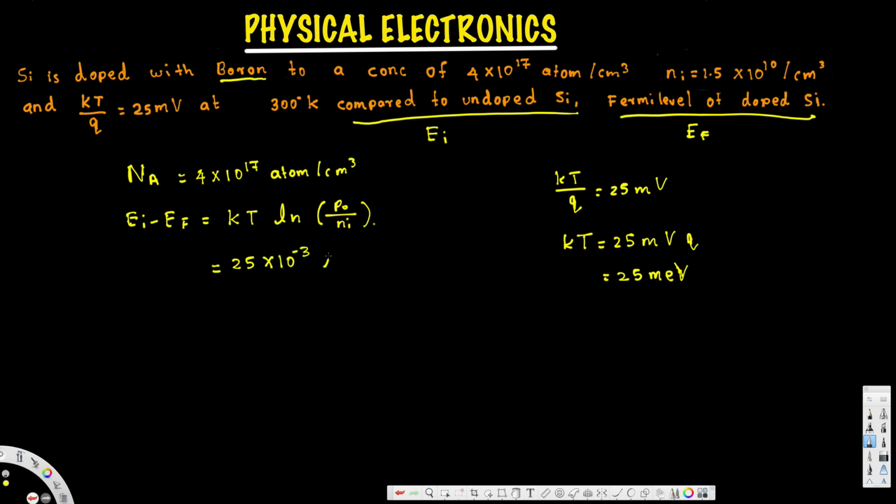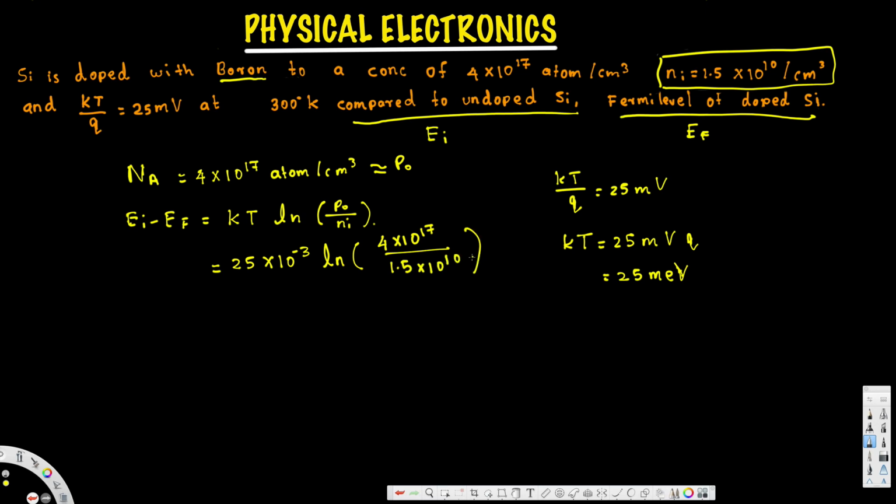and then electron volt, we are going to keep it as electron volts. And in ln, p naught is nothing but the acceptor concentration, so the number of acceptors added is going to be the hole concentration. So this is approximately equal to p naught. So we can replace p naught with this value, 4 times 10 to the power of 17, and the intrinsic concentration, given as 1.5 times 10 to the power of 10 in the question, we can plug in here.